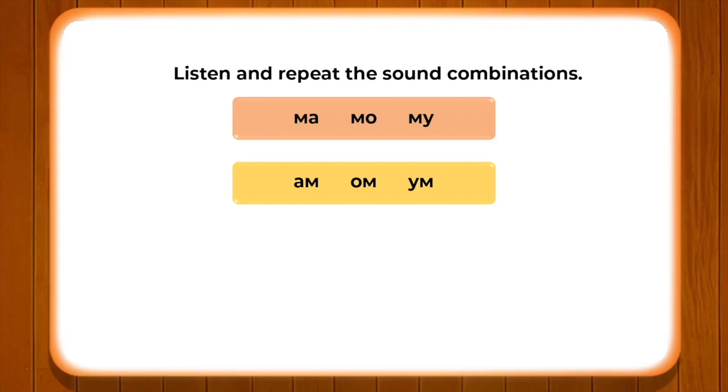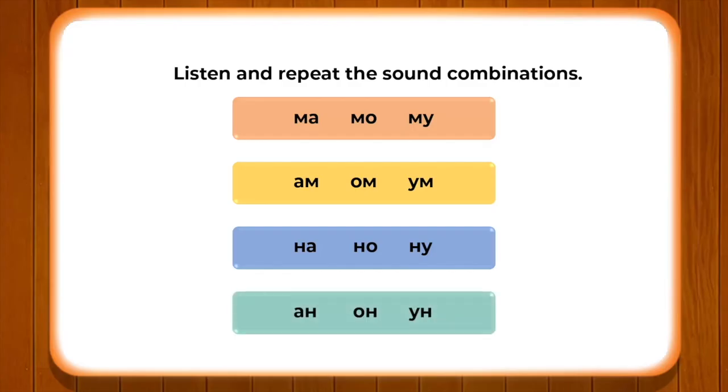Okay, so now we are going to listen and repeat the sound combinations of some more combinations of vowels and consonants. Here we have a combination of consonant and vowel: na, no, nu, and a combination of vowel and consonant: an, on and un.